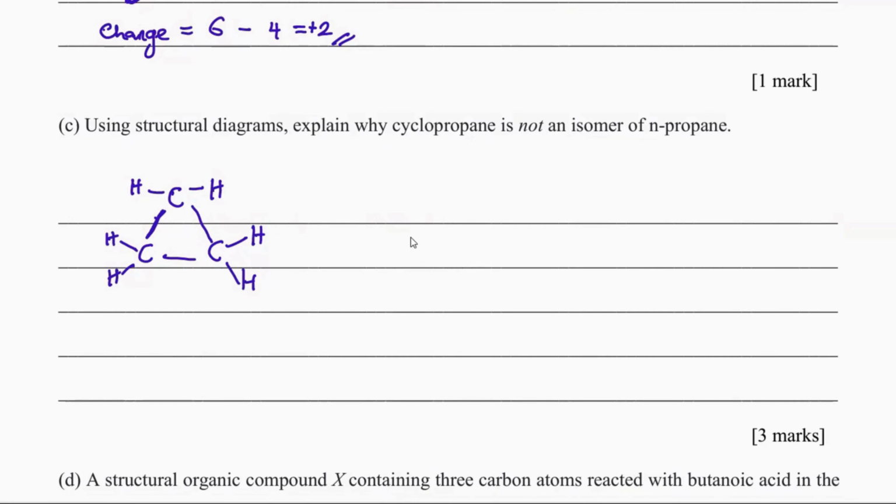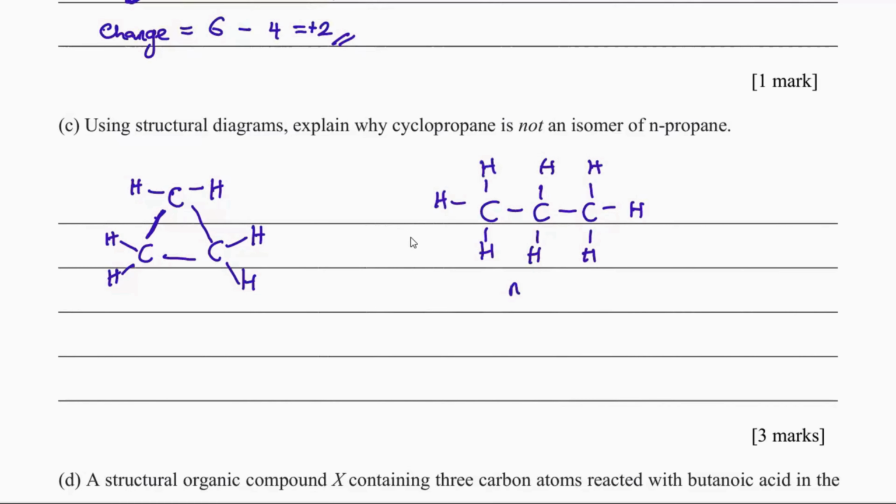And then for N-propane, N-propane is 1, 2, 3. That is normal propane. Hydrogen, hydrogen, hydrogen, hydrogen.